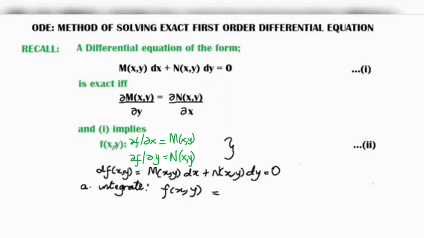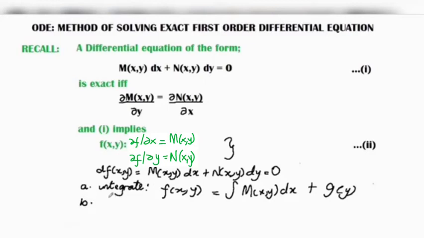Knowing that if I integrate with respect to x, f of x,y is equal to the integral of M of x,y dx plus, we don't neglect the y part, we know that it will give us another function of y. So that's step 1.